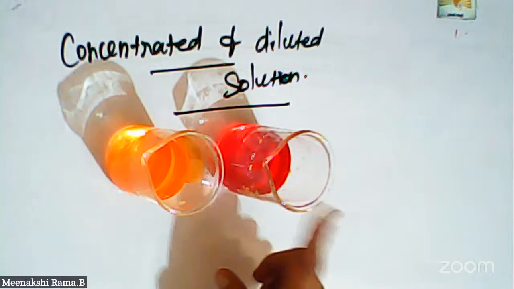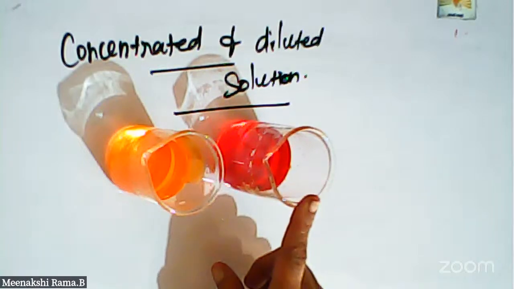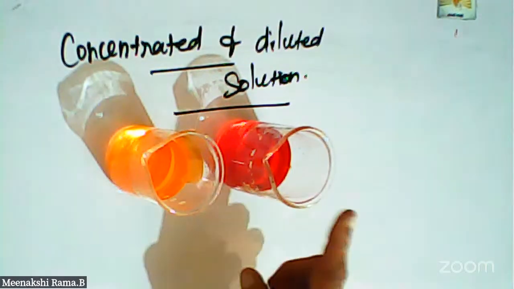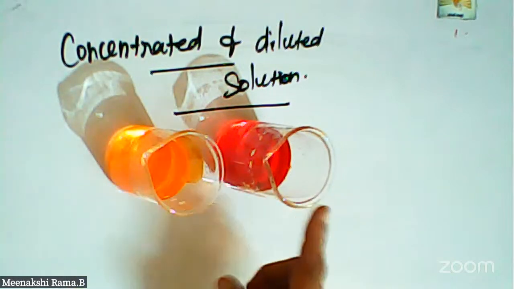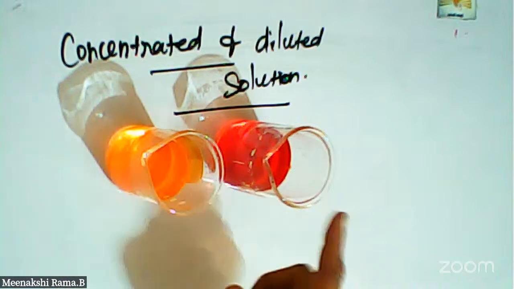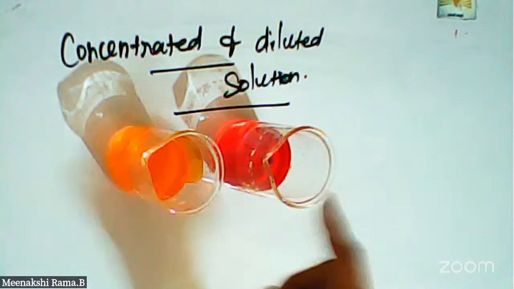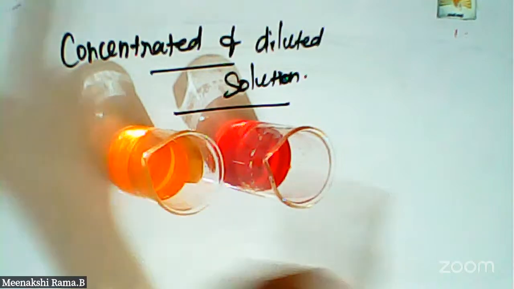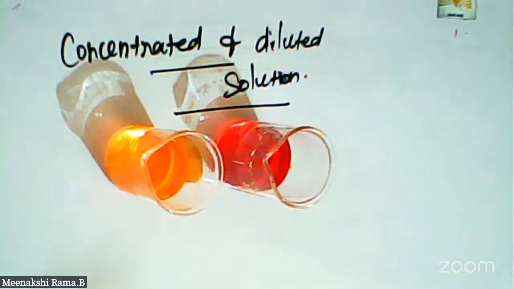This is called a concentrated solution because the amount of solute is very high. The same solvent, same solute, but the amount is different in these two. So this is the difference between concentrated and diluted. Okay, yeah. So concentrated and dilute solution.